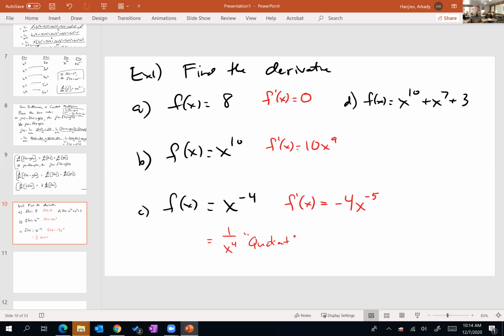Because negative 4 minus 1 is negative 5. I thought negative 4 minus 1 was negative 3. So then we just switch it to be negative n x to the negative n plus 1.